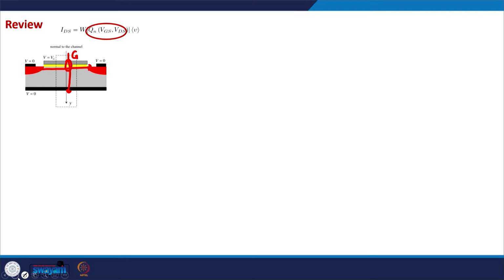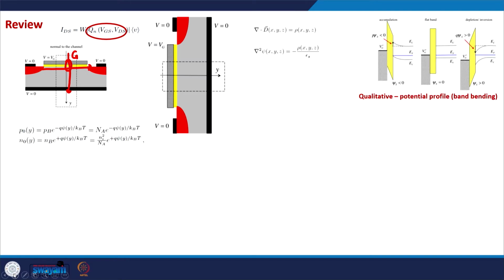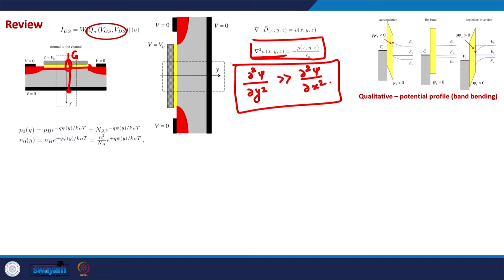Or in other words, this quantity, the second derivative of the potential which appears in the Poisson equation, that is del 2 psi by del y square, is large as compared to del 2 psi by del x square in the case of long channel or in case of conventional MOSFETs.